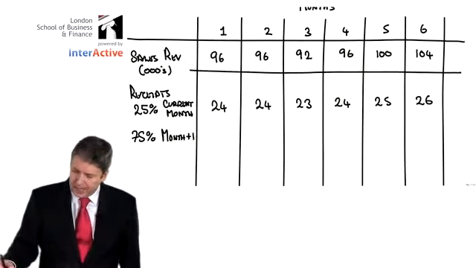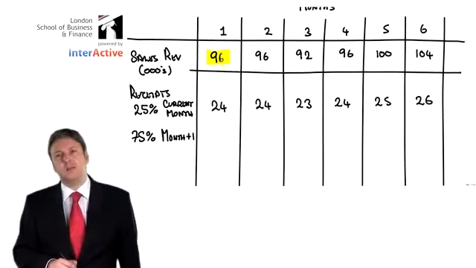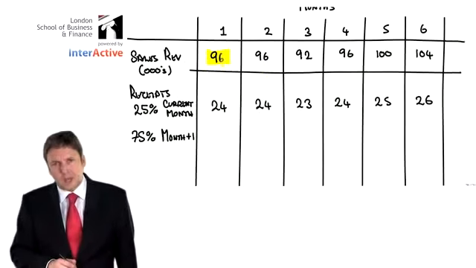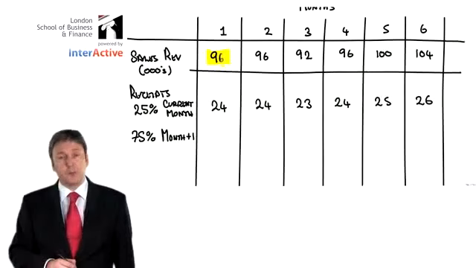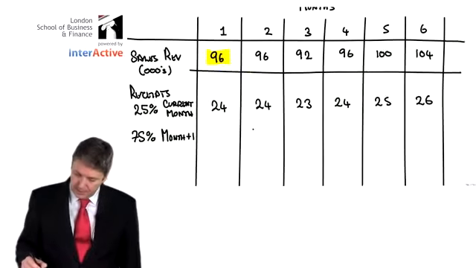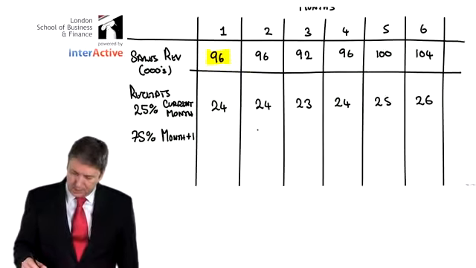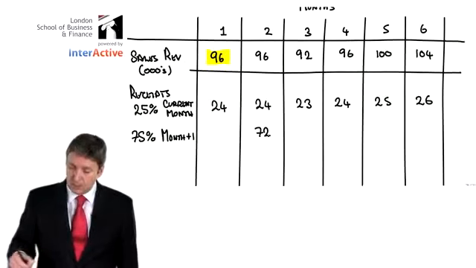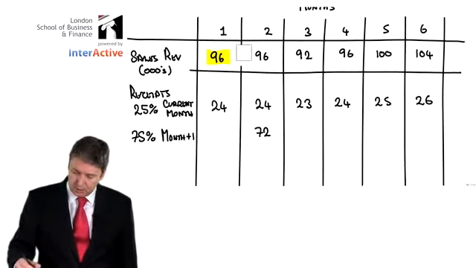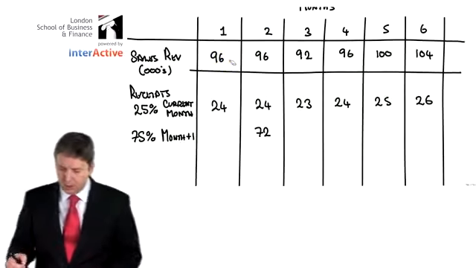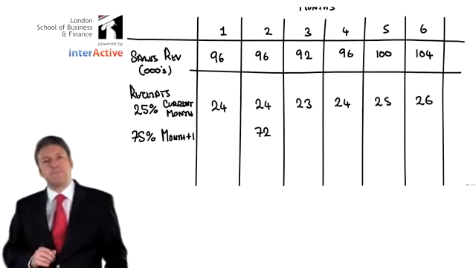If we're looking at the sales in month 1, 75% of the receipts will be received 1 month later in month 2. 75% of 96, what does that come to? 72? Yeah, as simple as that. Not too difficult at all.